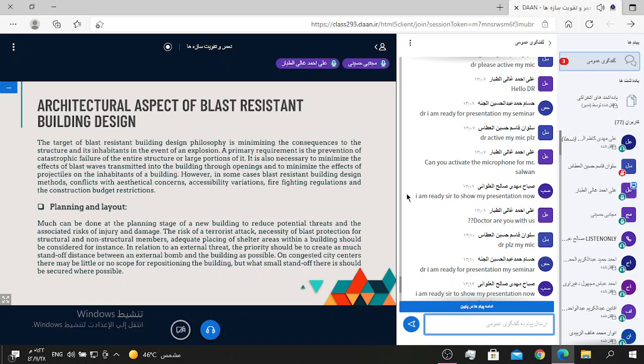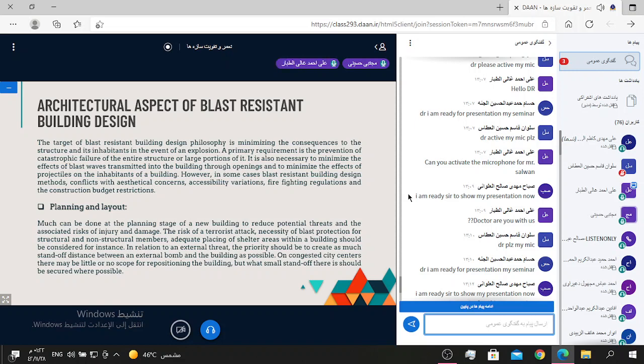It is also necessary to minimize the effects of blast waves transmitted into the building through openings, and to minimize the effects of projectiles on the inhabitants of a building. However, in some cases, blast-resistant building design methods conflict with aesthetic concerns, accessibility variations, firefighting regulations, and construction budget restrictions.